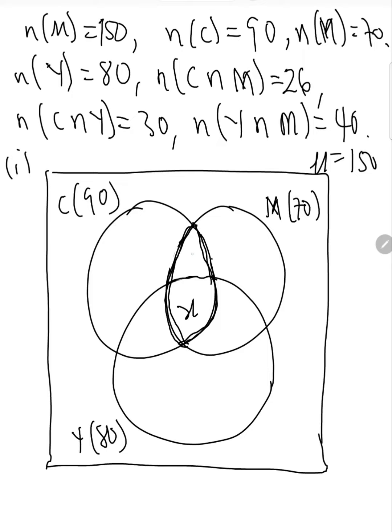So to get the actual value here, it will be the 26 minus x. And I hope it's visible. So we have 26 minus x, because I said this 26 includes the x.